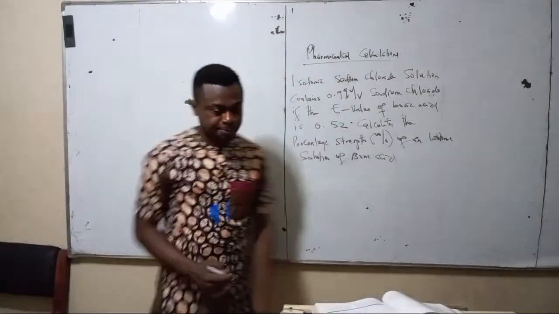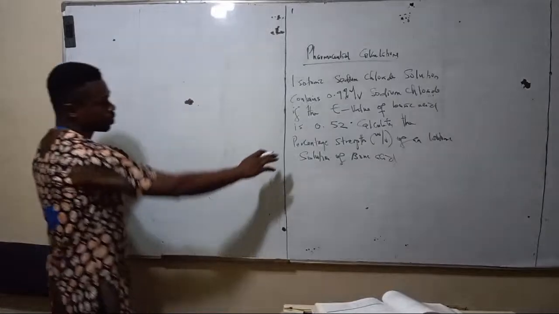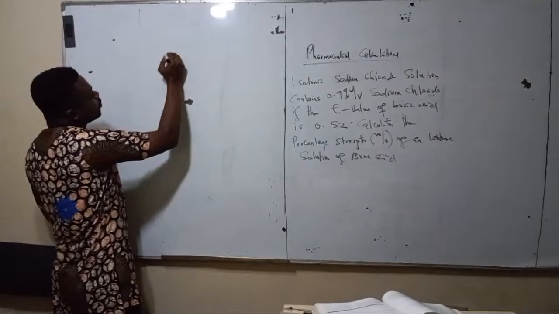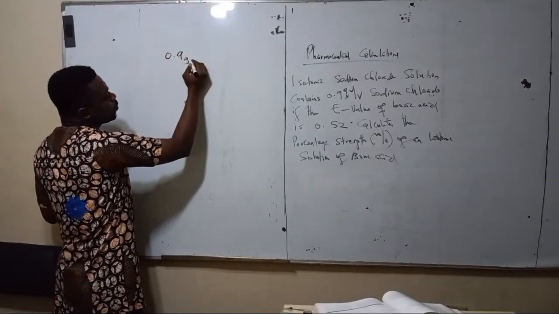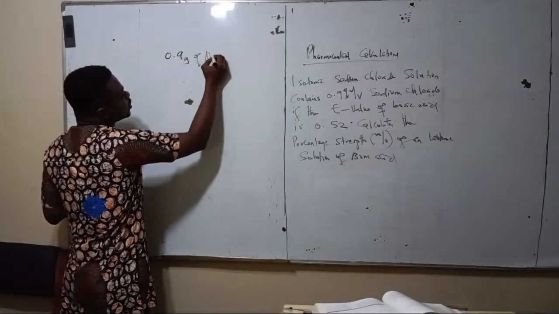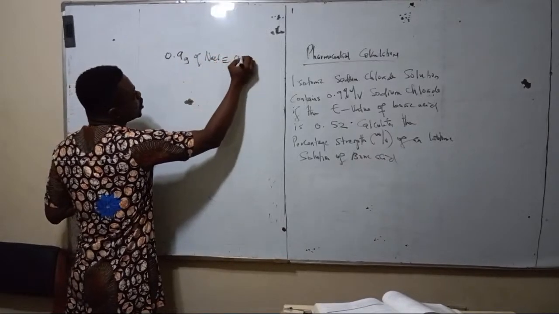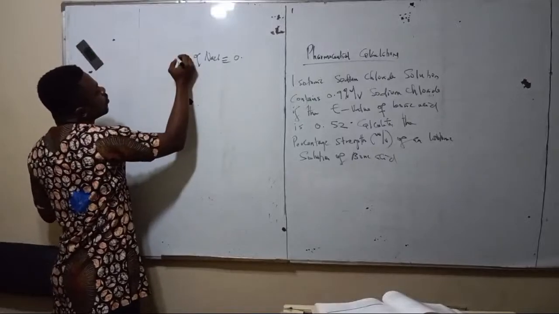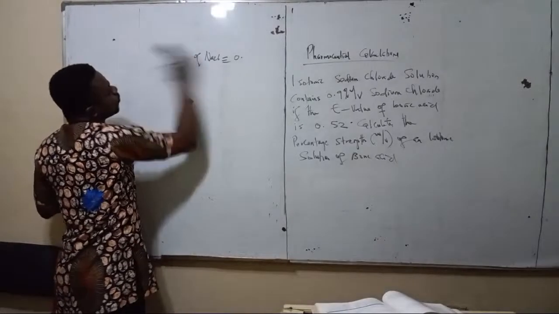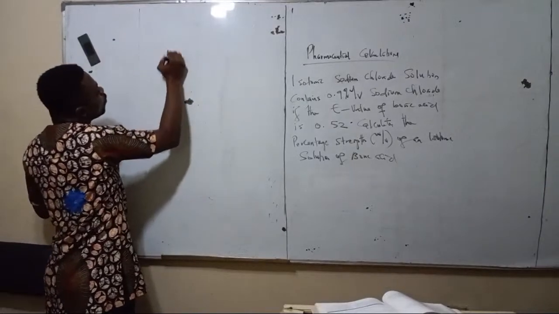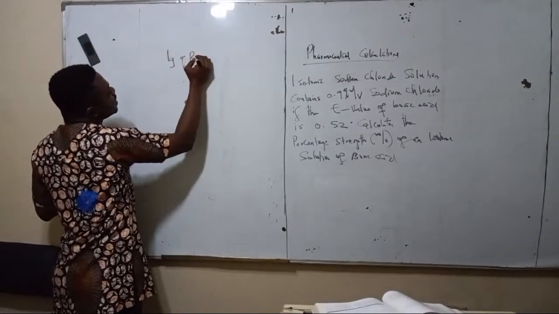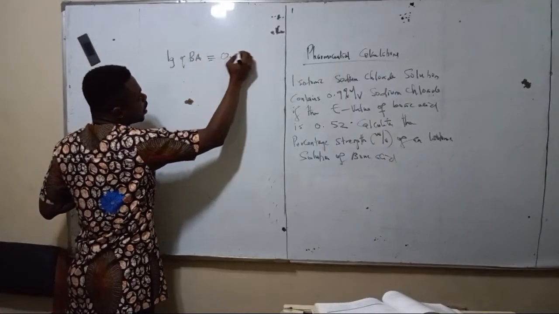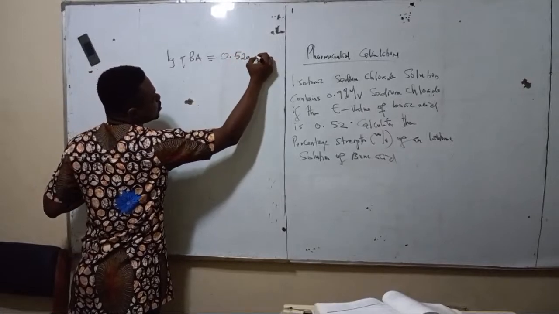Okay, so let's look at it again. Let's take it off from there. You see, I say that 0.9 gram of sodium chloride is equivalent to what? 1 gram of boric acid, let me use BA to represent boric acid, is equivalent to 0.52 gram of what?